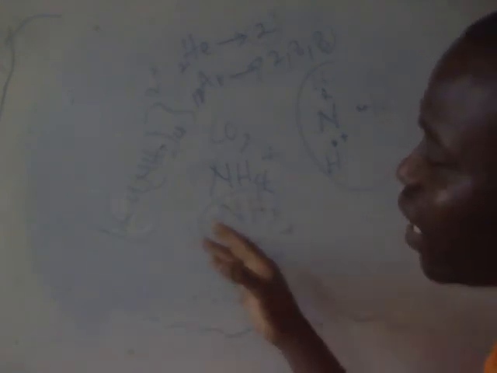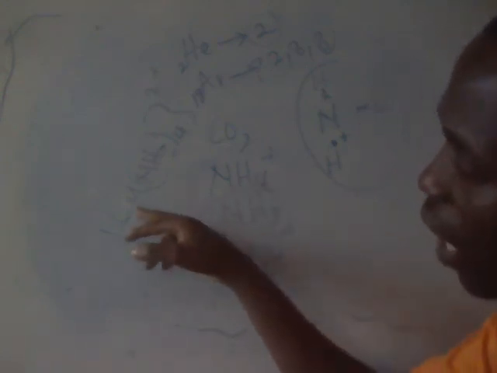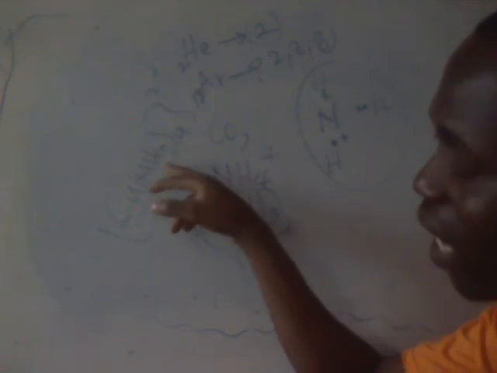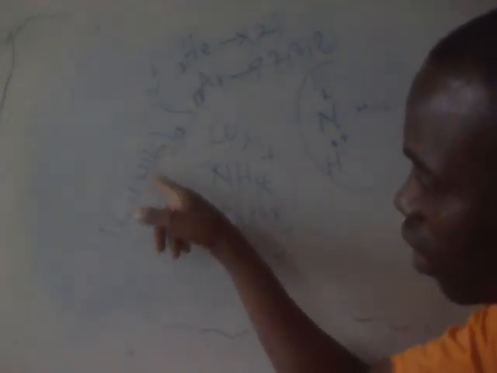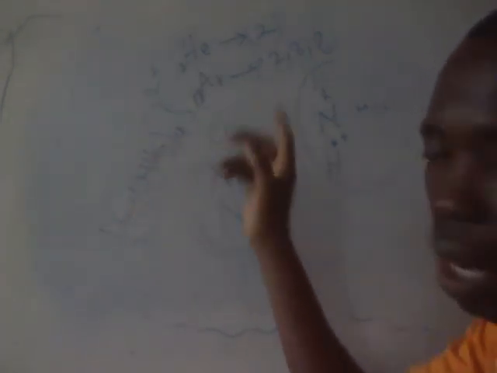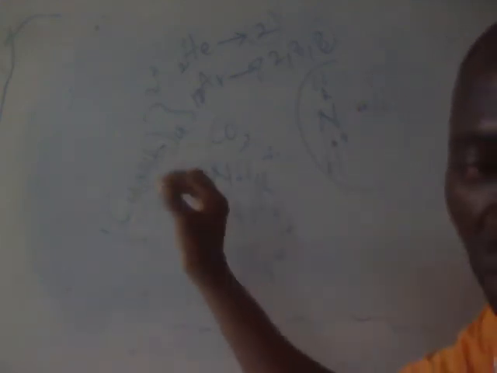It's only one of the atoms that will donate the electrons to be shared. Like for this one, it's only ammonia gas that has a lone pair of electrons. It's only ammonia gas that is donating the electrons to be shared in this Cu NH3 complex ion, which is deep blue in color in real life. So it's only ammonia gas that will donate the lone pair of electrons to be shared.